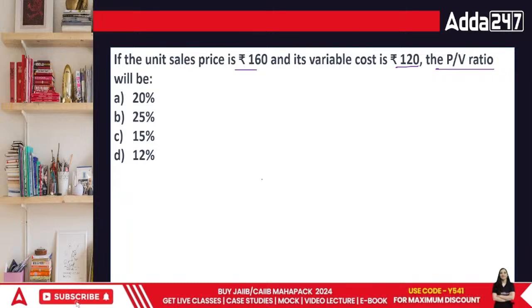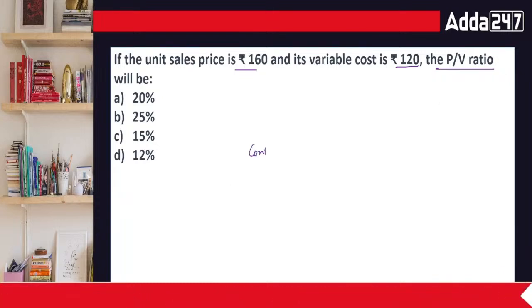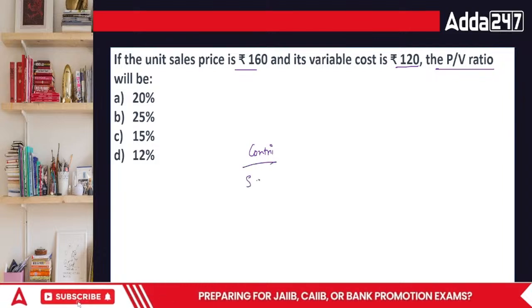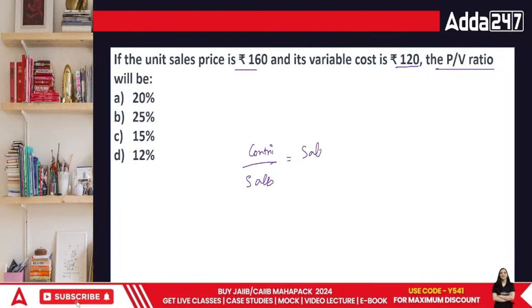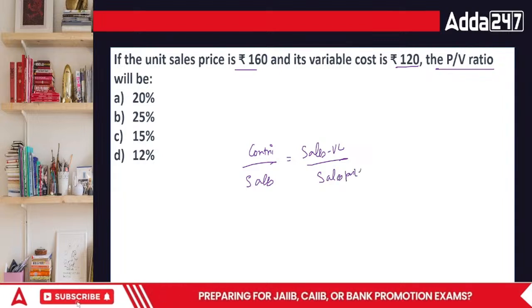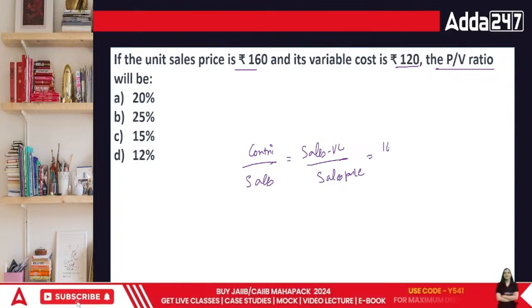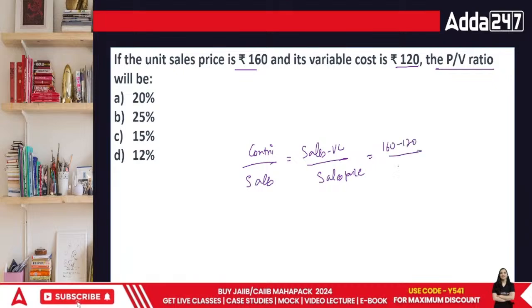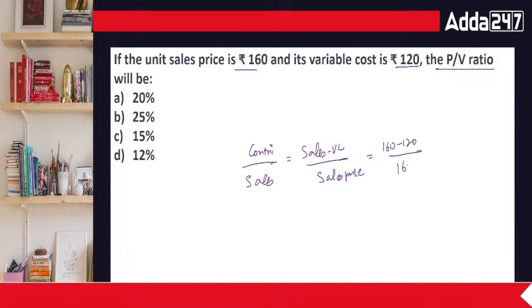The formula in this case would be contribution divided by sales, where contribution is sales minus variable cost, divided by sales price. This is equal to 160 minus 120 divided by 160.